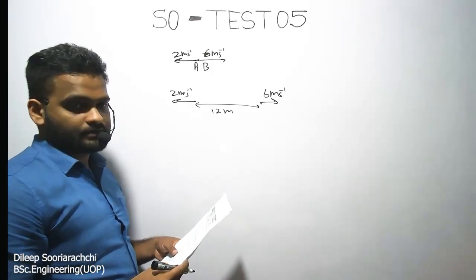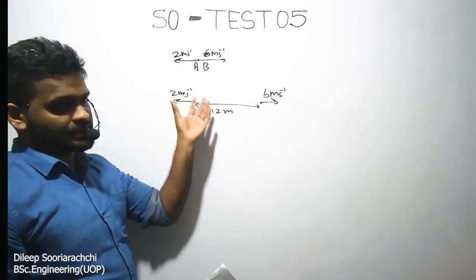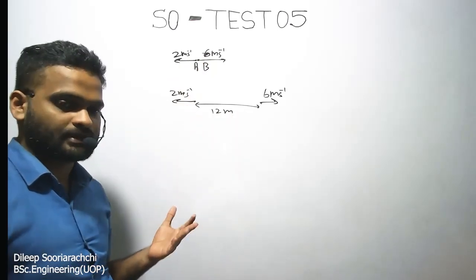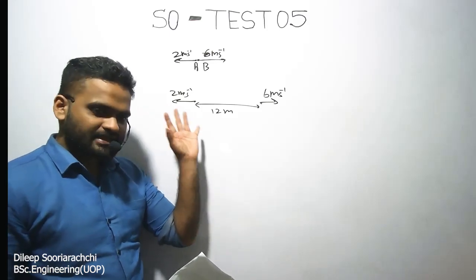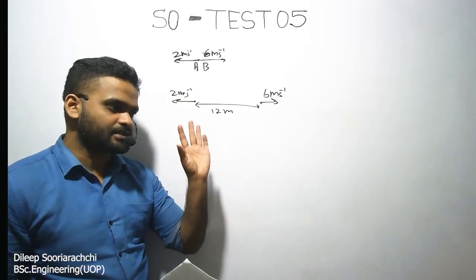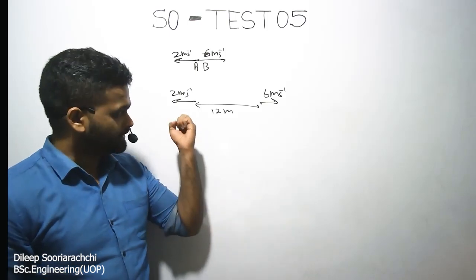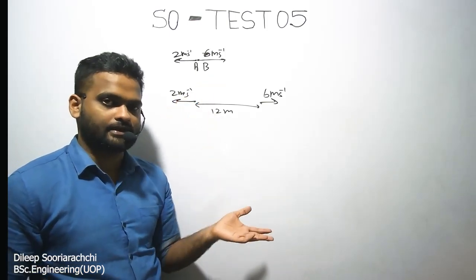So the question asks for the time required for this gap to be 12 meters, right? So that's what they ask. Once you understand this, this question doesn't take even 5 seconds to solve. But to clarify everything about this question, it's going to take some time.